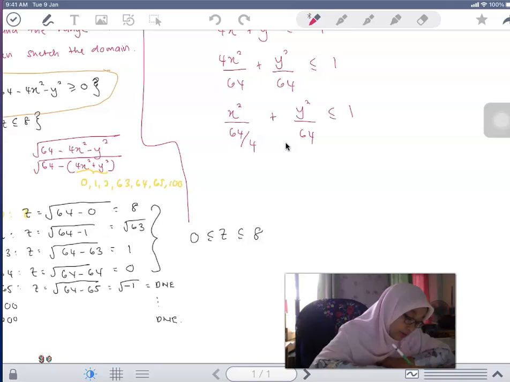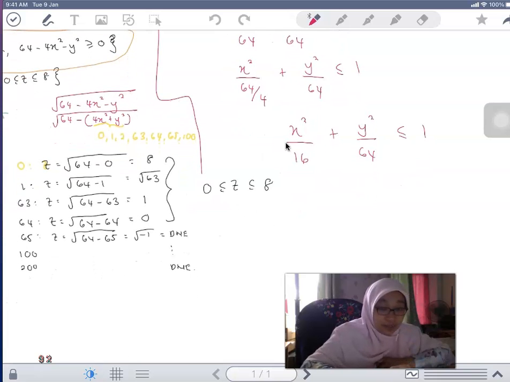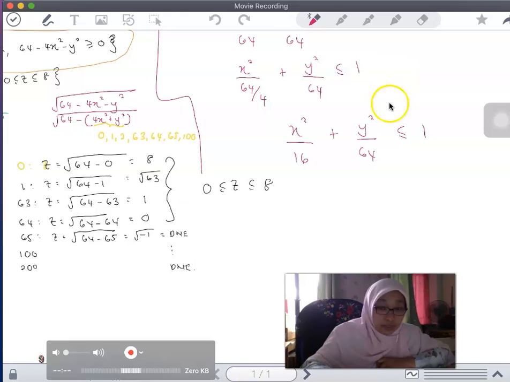So we have x squared over, what is 64 over 4? We have 16, right? 16 plus y squared over 64 less than or equal to 1. Okay, and this is an ellipse, but in order to sketch an ellipse, you have to ignore the inequality.